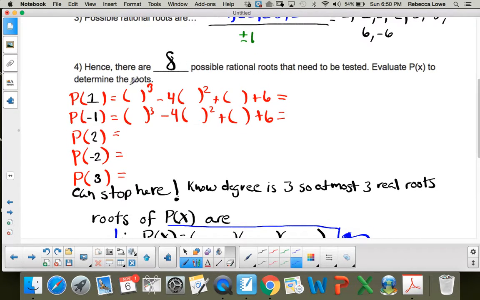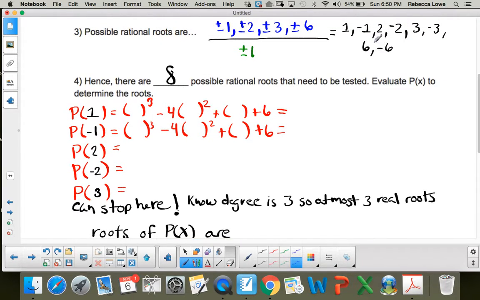So now you take each one of those possible roots, 1, -1, 2, etc., and you plug it into the actual function. So I'm going to evaluate the function at p of 1. I substitute 1 in for wherever there is an x. Type that right-hand side into your calculator, or you could evaluate it by hand, and you would get 4.